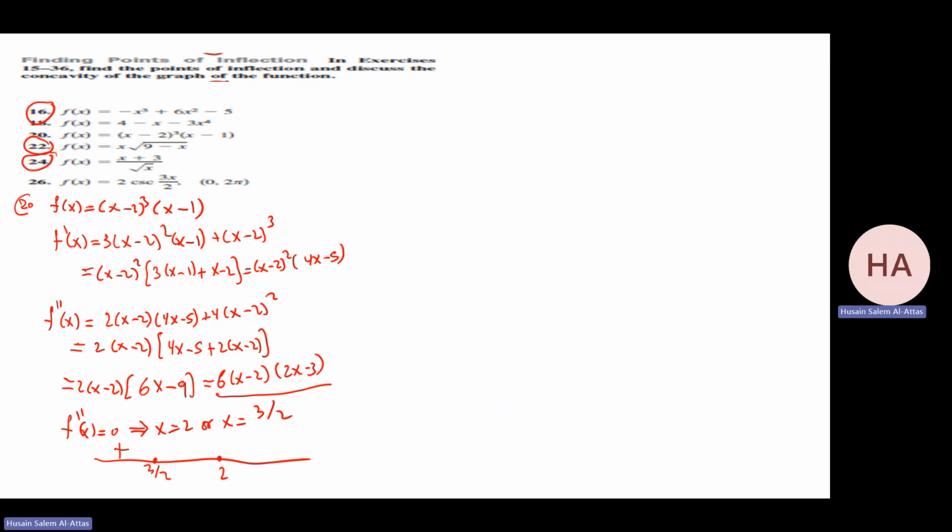Between 3 over 2 and 2, I have 1 3/4, and that will be negative. More than 2, it will be positive. So it's concave up from minus infinity to 3 over 2 and 2 to infinity. Concave down from 3 over 2 to 2.